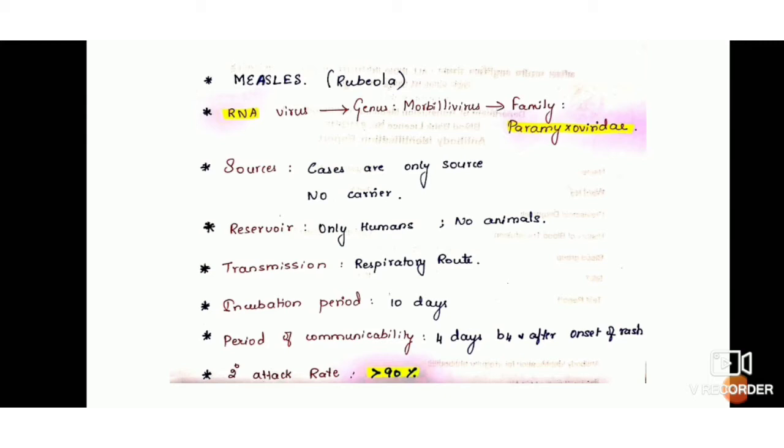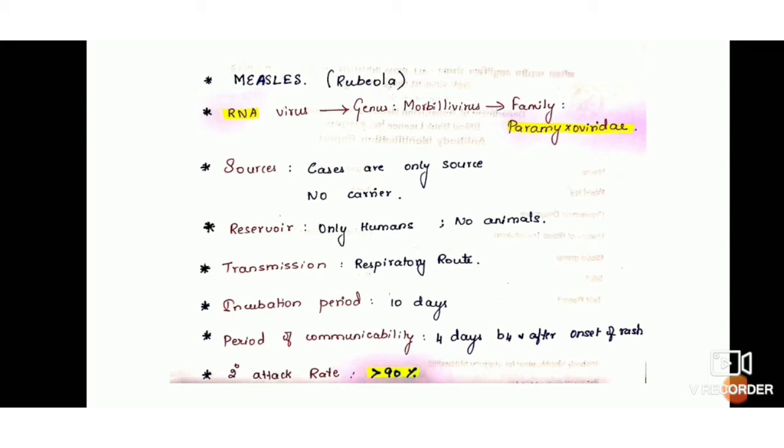The source is only cases, that is, it is transmitted from one case to another person, and there is no carrier state for this disease. The reservoir is only humans, no animal reservoirs, and transmission is via the respiratory route. The incubation period is 10 days and the period of communicability is 4 days before and 4 days after onset of rash.